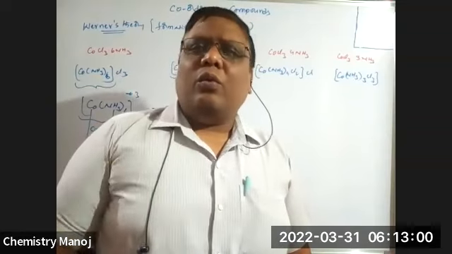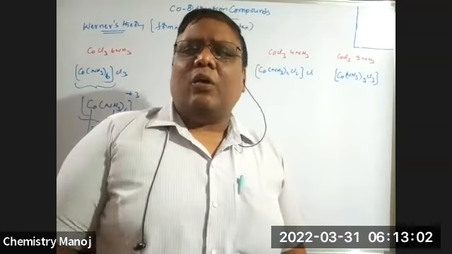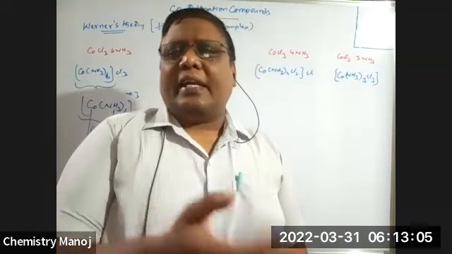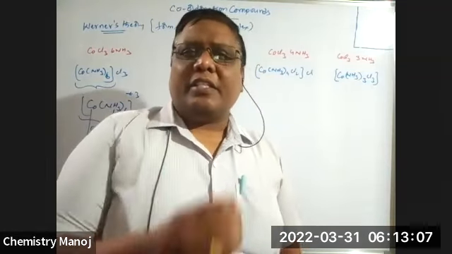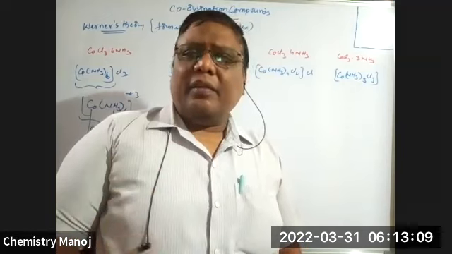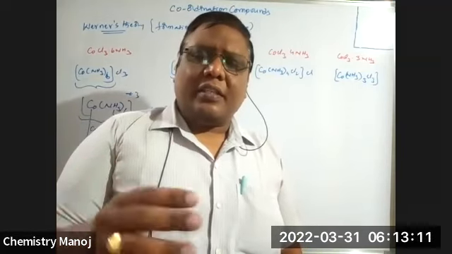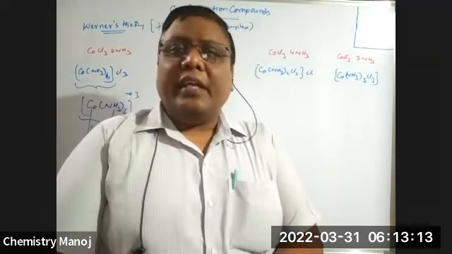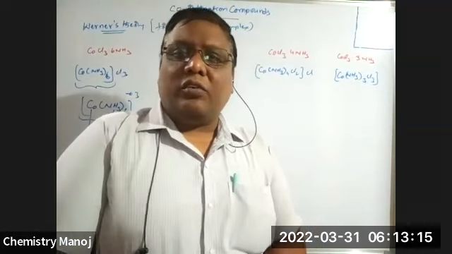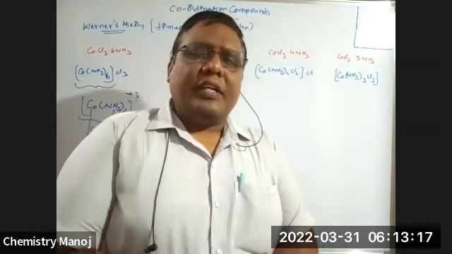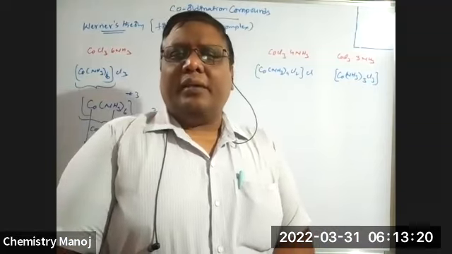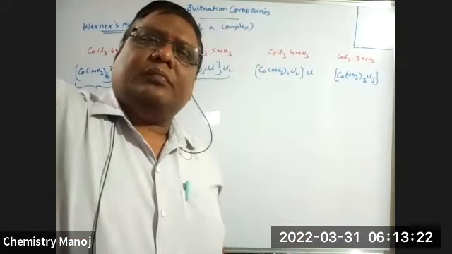Magnetic property is not explained. Only how they are formed and their conductivity are explained on the basis of Werner's theory. Later, stability is explained on the basis of the EAN rule, effective atomic number rule, that we will discuss tomorrow. Okay.